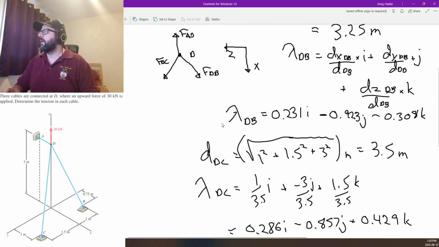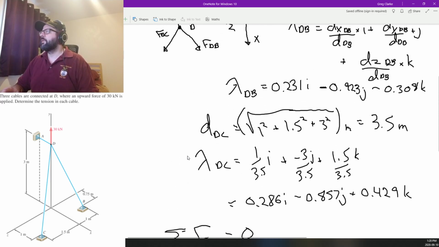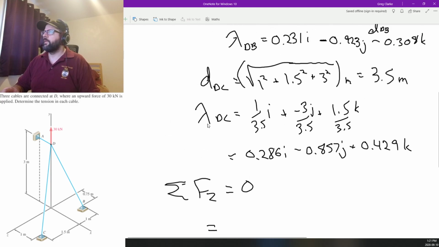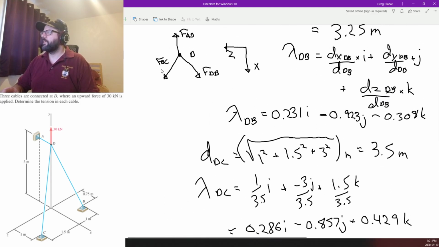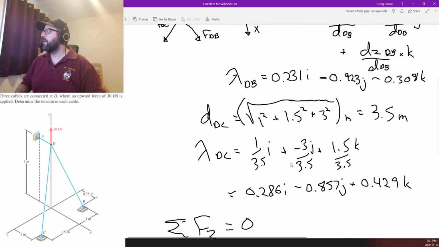So in order to do that, we just add up those two things. When we take the sum of the forces in the z direction, we take FDB and multiply it by the k component of its unit vector, then take FCD and multiply it by the k component of its unit vector, and those two things should add up to zero.